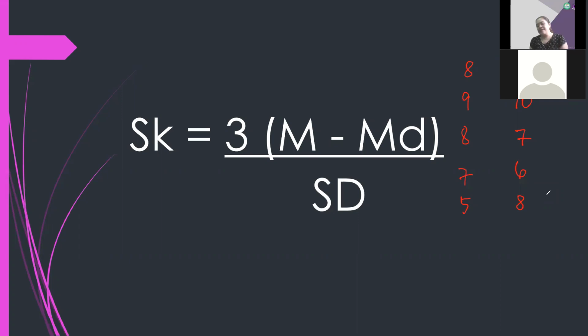I'll wait for your answers on the chat box. The first thing that you need to look at, syempre, is the mean, and then the median, and then the standard deviation. Ang hihintayin ko sa chat box is yung skewness.